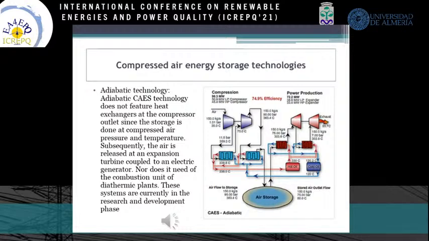The lower number of components compared to diathermic technology reduces thermal losses, but however it requires a good insulation system and sealing to be able to maintain the energy of the compressed air. These systems are currently in the research and development phase.